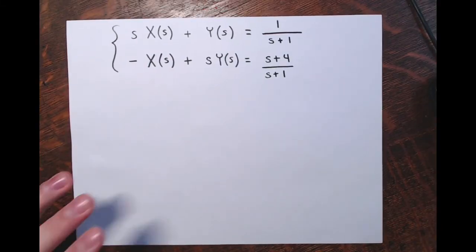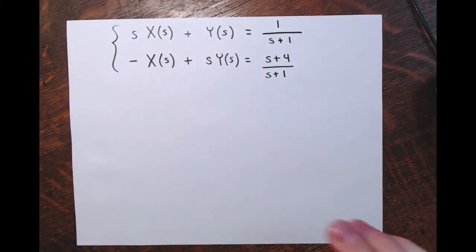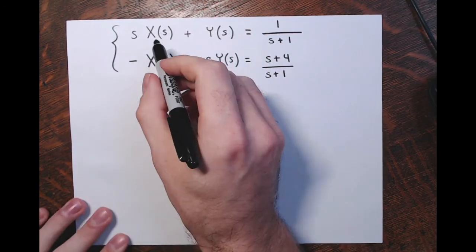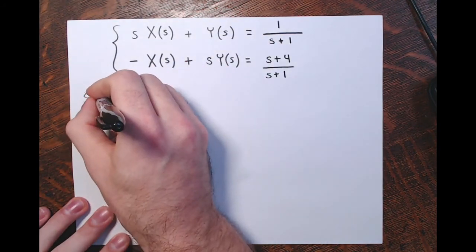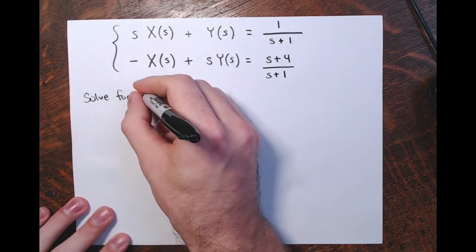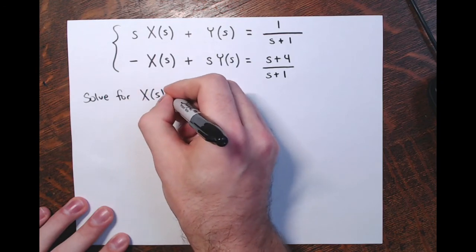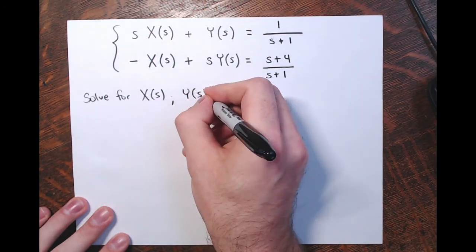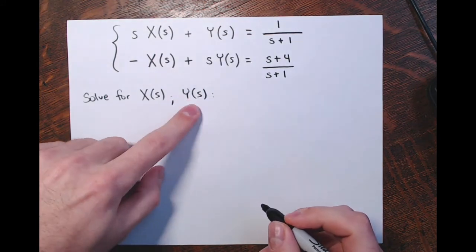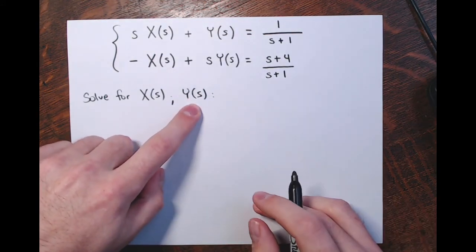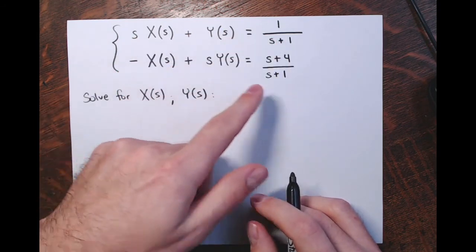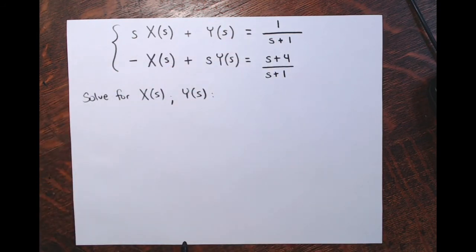Okay, so here's a system of equations where what you're trying to solve for this time are not just single variables, but entire functions. You're trying to solve for x of s and y of s. You're trying to figure out what these functions of s, this parameter s, need to be so that this system will be true, and both equations will be satisfied.